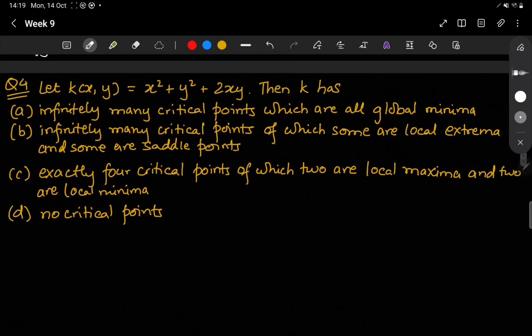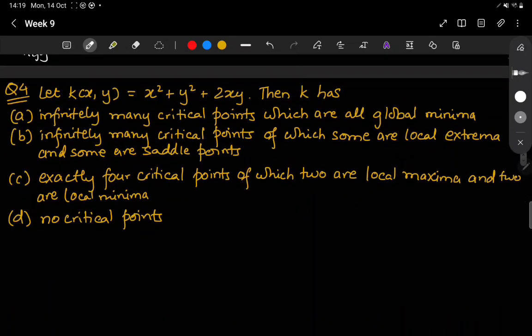Now we have two questions which are slightly different. Question number 4. Let k(x, y) equal x squared plus y squared plus 2xy.